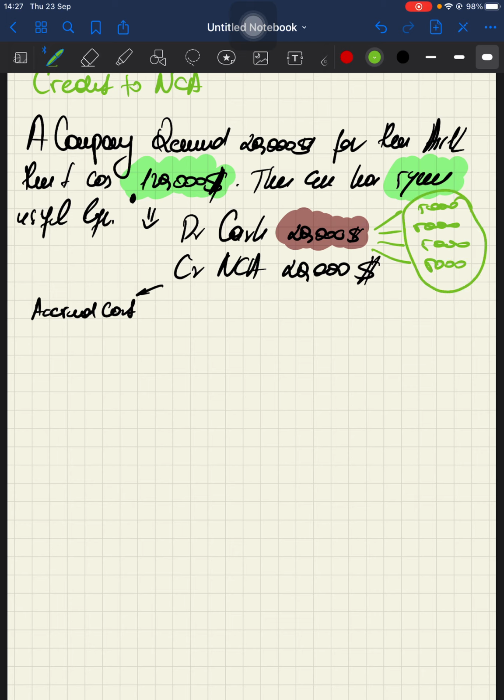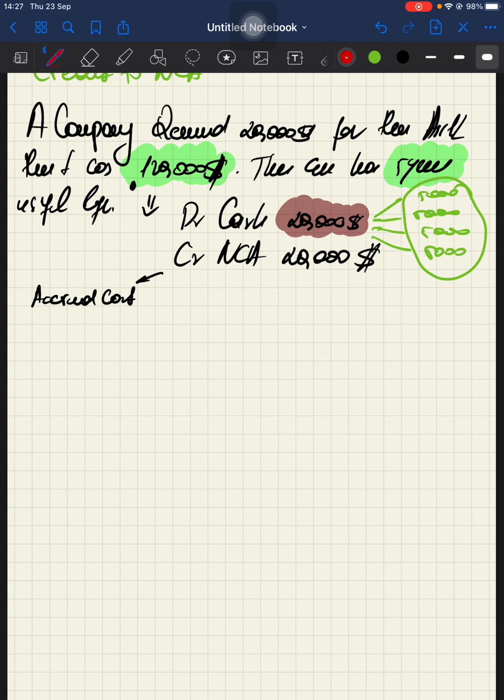The total amount will be 20,000, but instead of recognizing a 20,000 gain in the first year, we should record this over the useful life of the asset.